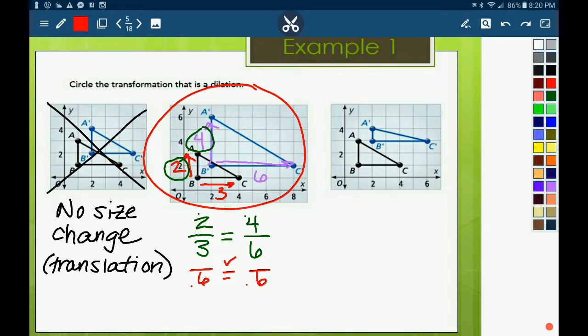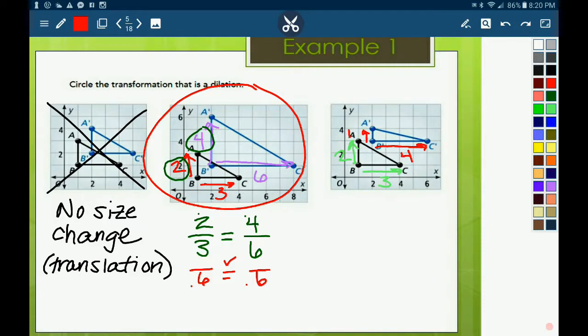Now, the third one looks like the shapes have been warped. So I'm just going to double check using my proportions to see if their ratios are equal. From B to C, I see 3 again, and from B to A, I see 2 once more. And then on the other triangle, I'm seeing from B prime to C prime is 4, and from B prime to A prime is 1.